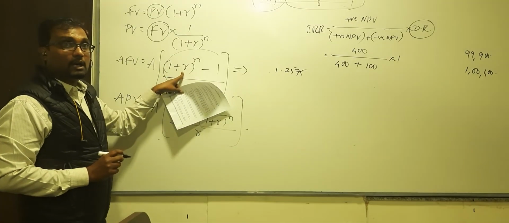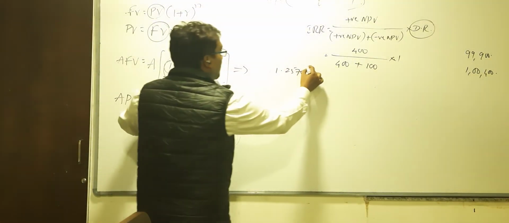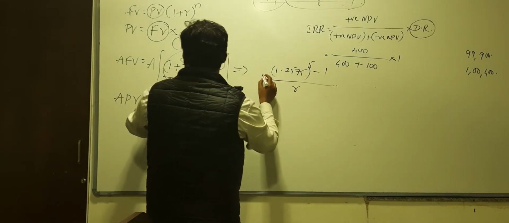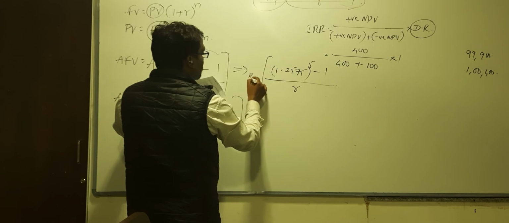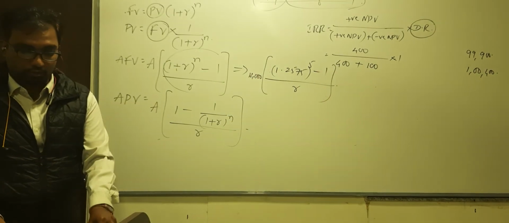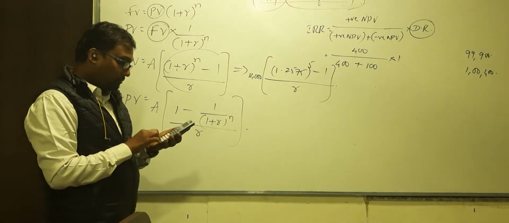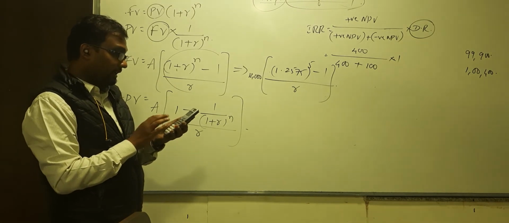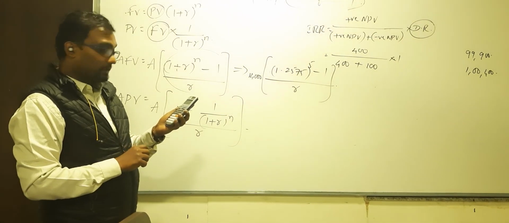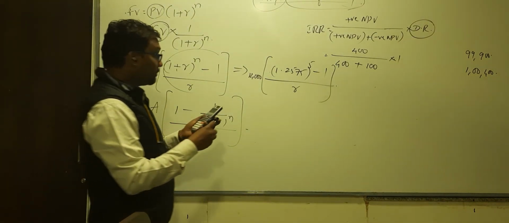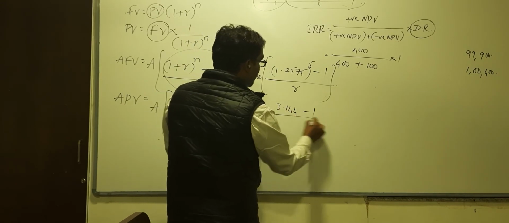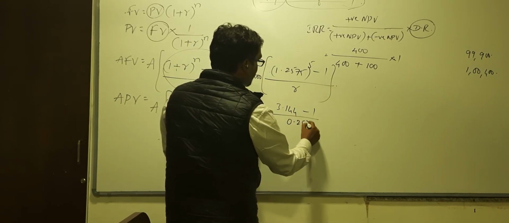1 plus r to the power 5 minus 1 divided by r, right? This is 12,000. So now 1.2575 to the power 5 comes to 3.144, minus 1, divided by 0.2575.